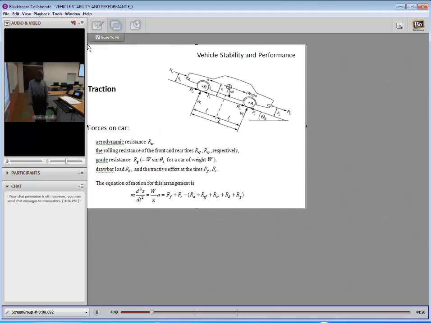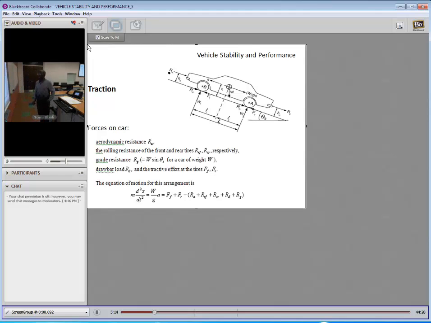This is your typical vehicle on a slant, a little bit of a slant, theta sub S, which is small. The forces on this car include the aerodynamic resistance R sub A, which is right there.